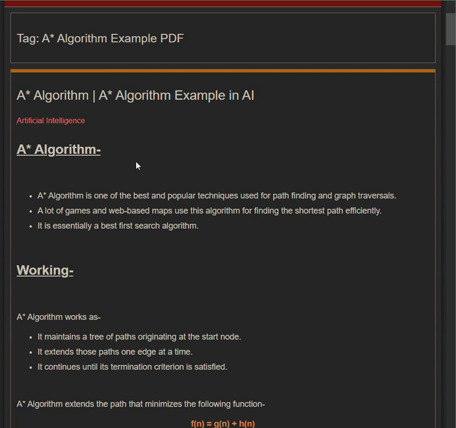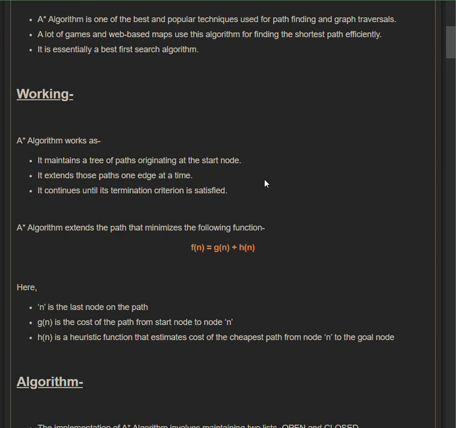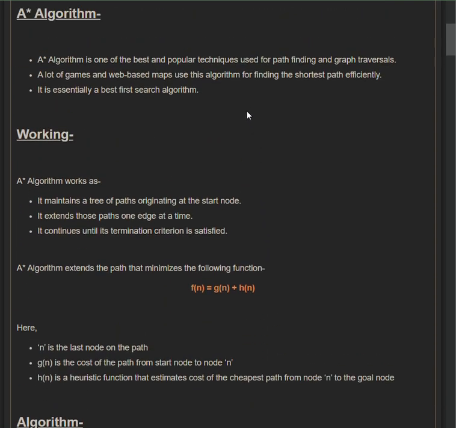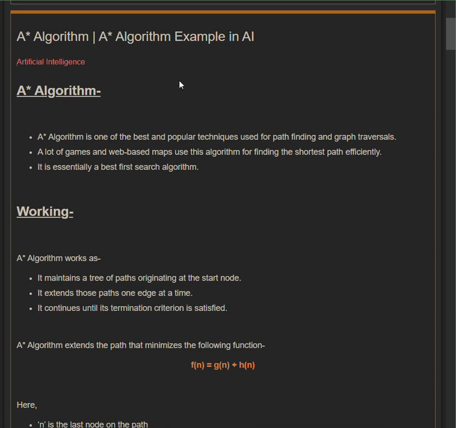In this video, we'll not only explain how A-star works, but also demonstrate it using an 8 puzzle problem. You can also get this layout from a website which I took called Gateway.